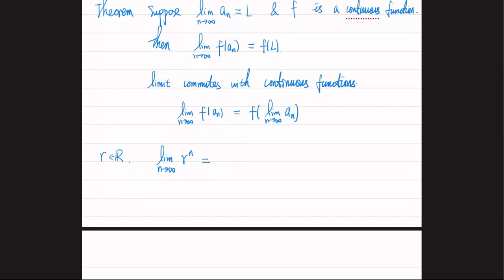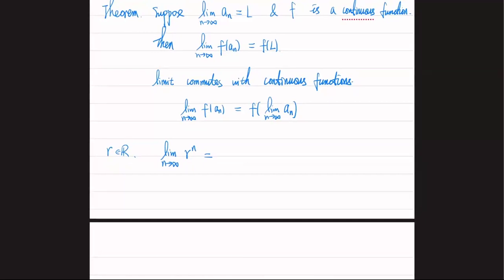Okay, what's the first case, Chen? Okay, that's the easy one. R is 0, what's the limit? Okay, R is 0. So can I give you another case? R is 1, this is 1, okay.